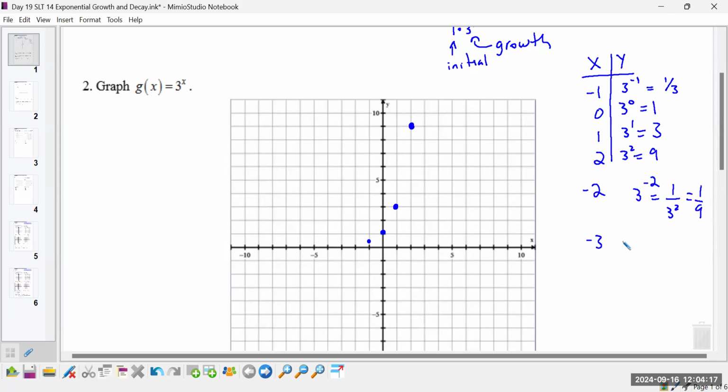And then 3 to the -3 would be 1 over 3 cubed, which is 1 over 27. And you can see as I go further to the left on the x-axis, the denominator is going to increase by a factor of 3. It's going to get really, really small, but it's never going to get below 0, because I'm always going to have that 1 that I'm dividing by a number that is growing by a factor of 3.